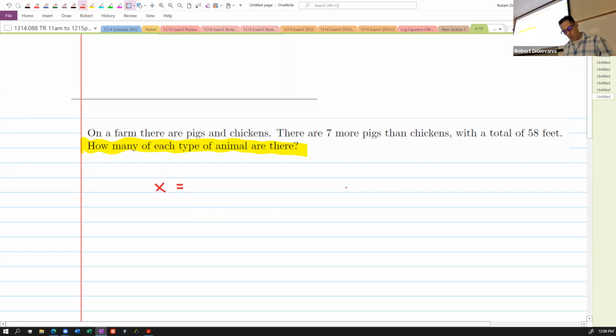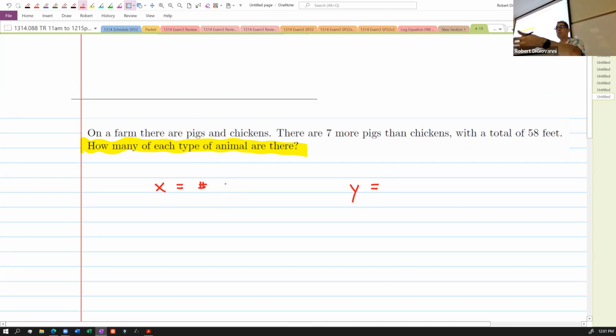What are y'all letting X and Y be equal to? I'm saying, what is the X? Is it the number of pigs you have, or did you do pigs and chickens? So X was pigs. You did the opposite? Okay, it's all right. It's okay as long as at the end you state how many.